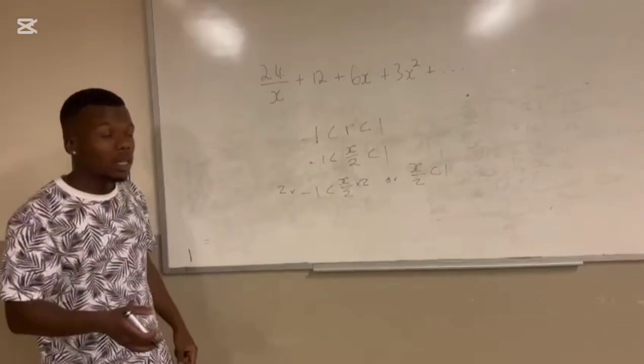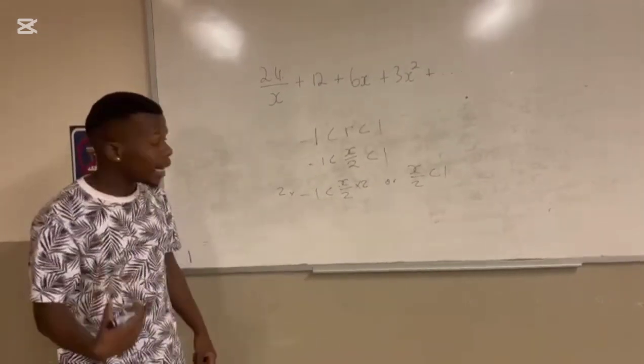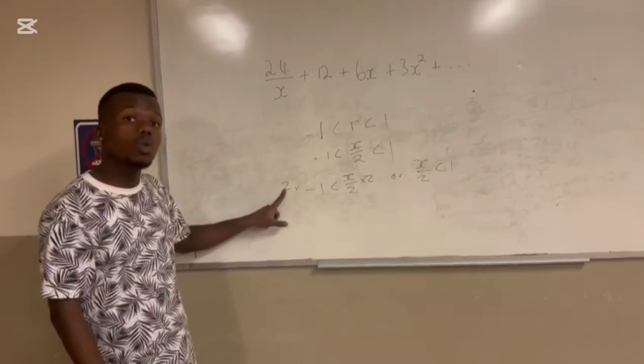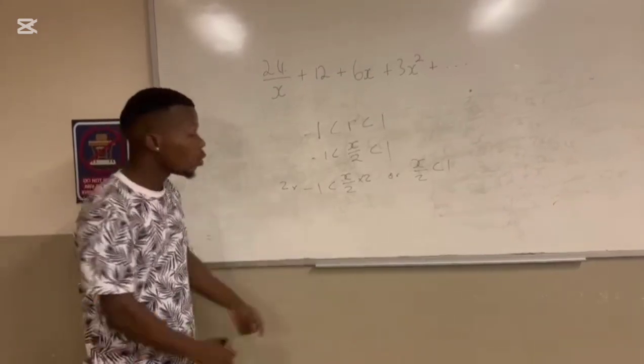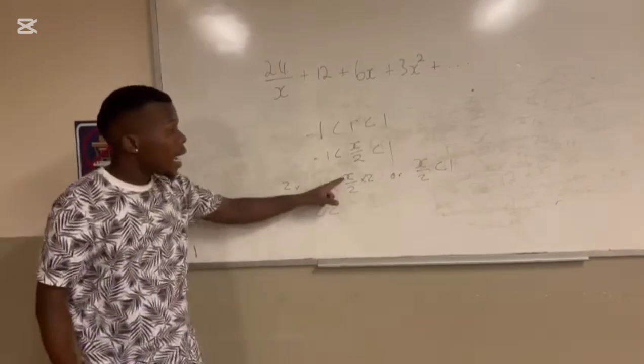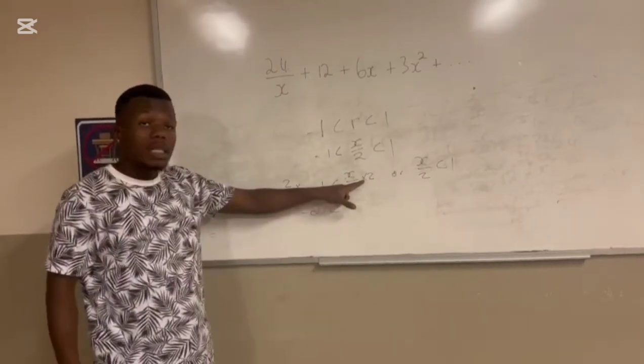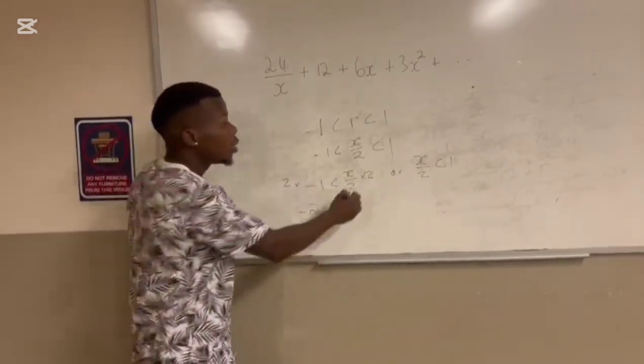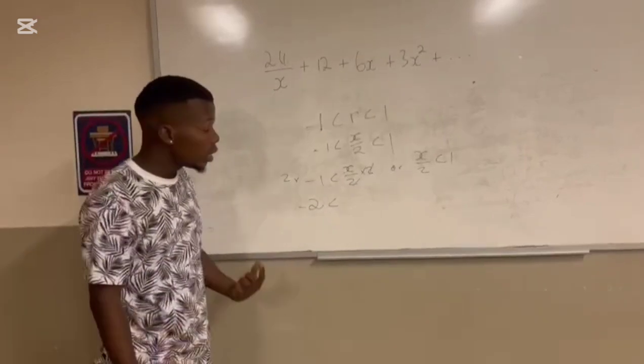What you do on the left hand side, you also do on the right hand side. This is 2 multiplied by negative 1, which is negative 2, is less than x over 2 multiplied by 2. These two cancel each other.